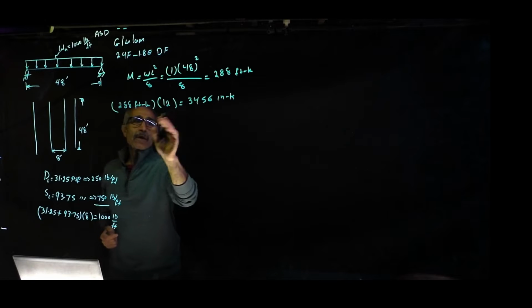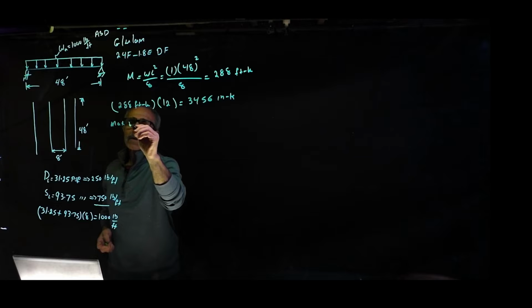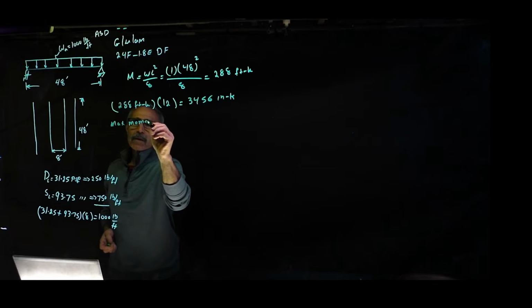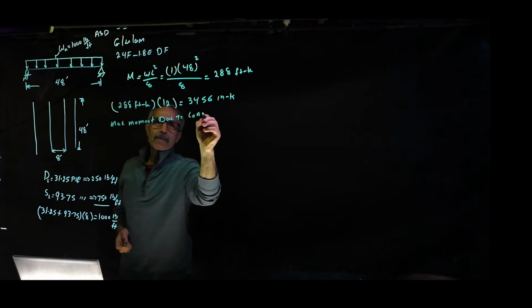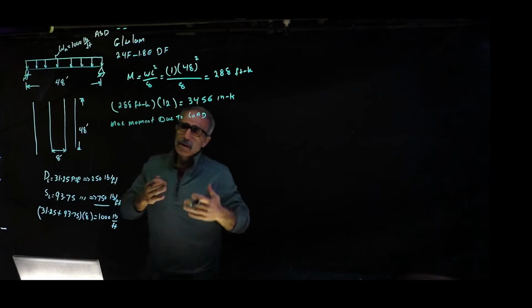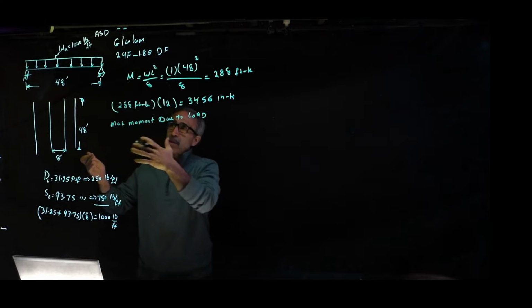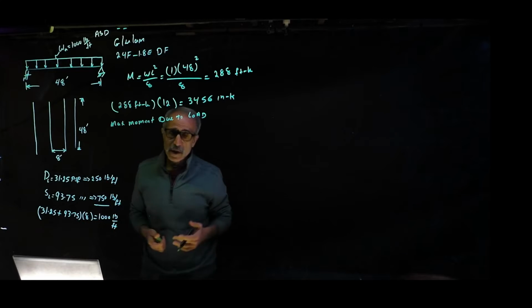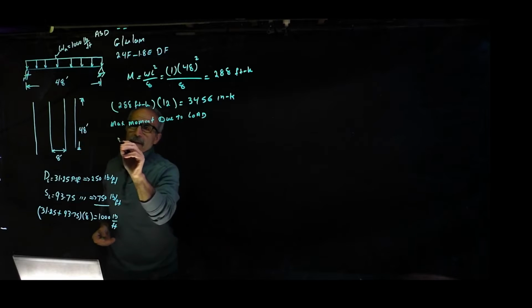So I'm just going to go ahead and write this: max moment due to load. Then we're going to compare that to the capacity of the beam. What is the maximum capacity bending moment for that beam? Is it going to make it or not? Let's go ahead while we have it and calculate the maximum shear.